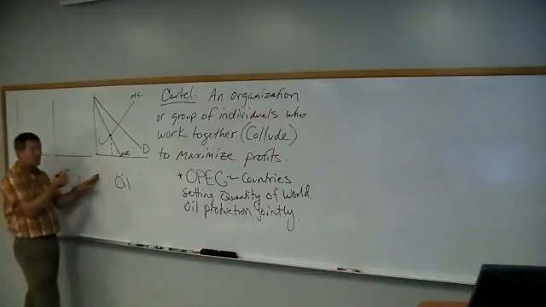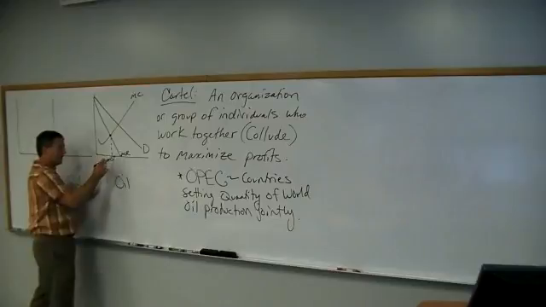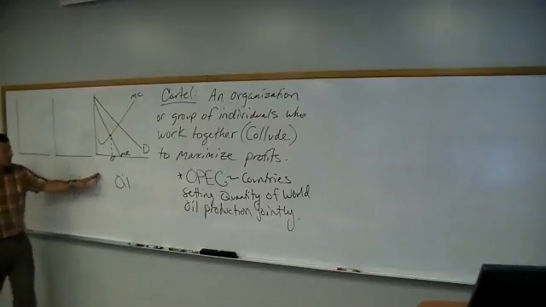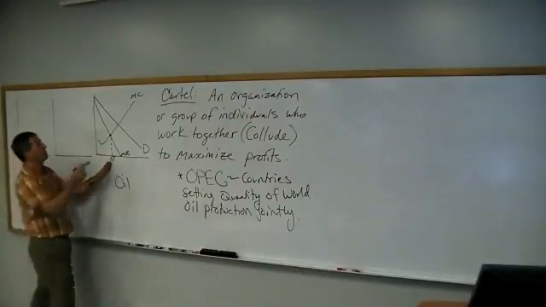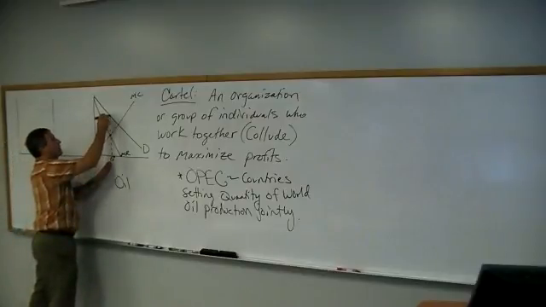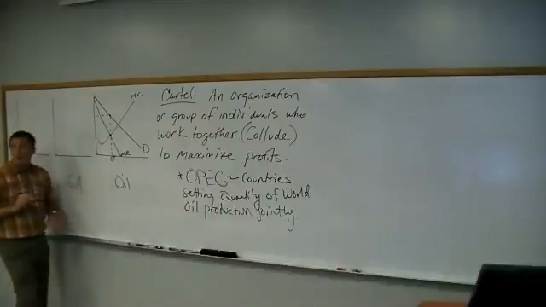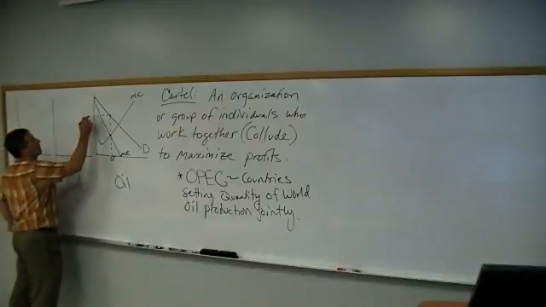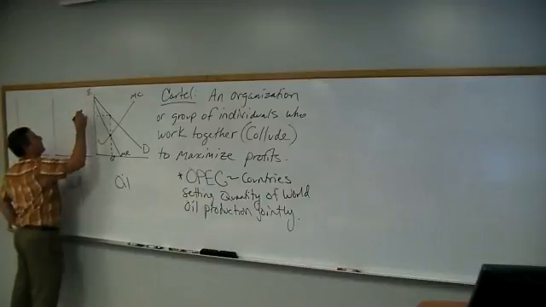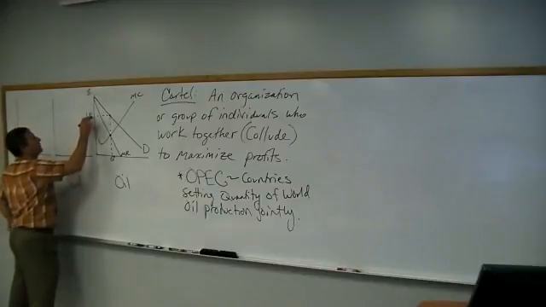They get together as a group and they say the world quantity of oil to maximize profits is right here at big Q star. Same thing as our monopoly story. And then they're going to charge the highest price people are willing and able to pay, which is our world price of oil.